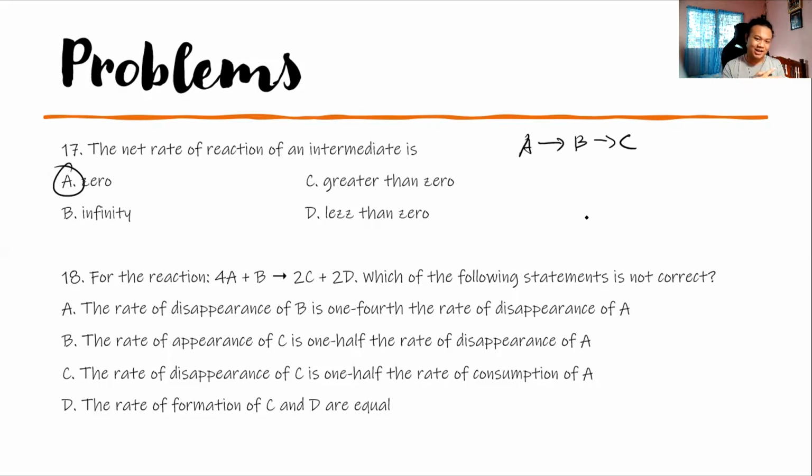The clue is the appearance and disappearance. Rate of disappearance of B: is B disappearing here? Yes, B is disappearing here. Appearance of C: C is appearing, yes. Disappearance of C: is C disappearing here? No. So that is the one that is not correct.